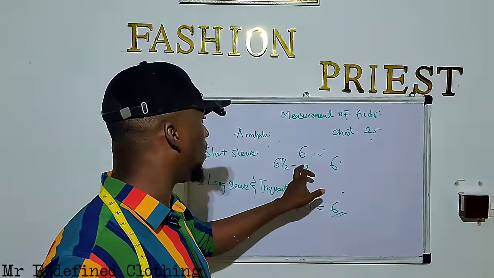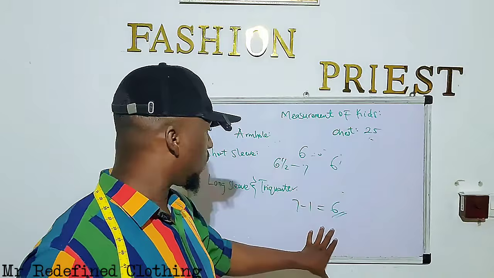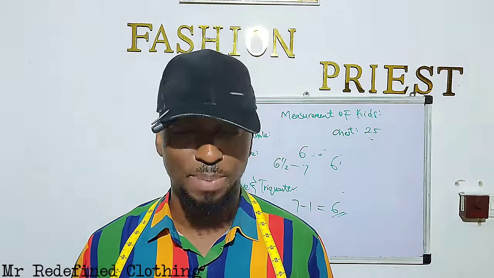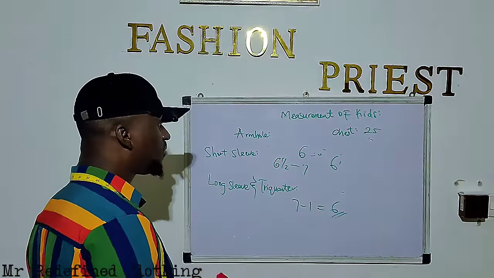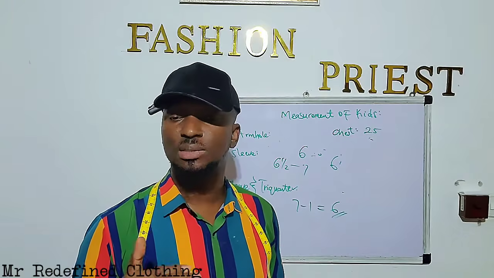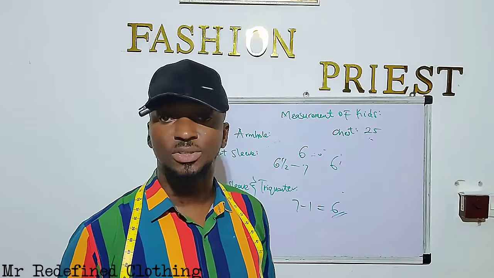Take the major whole number and use it for your long sleeve or 3/4 sleeve. Now, this will also give room and make sure that the outfit gives the child ease and comfort when putting on the outfit. So that is for the armhole. It goes for all sizes of children, as long as the person in question cannot be classified as an adult.